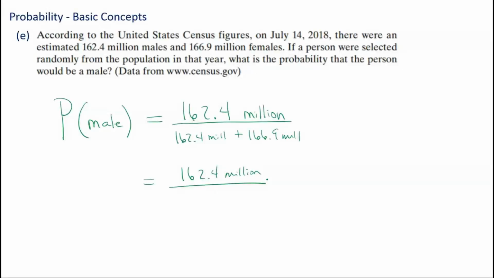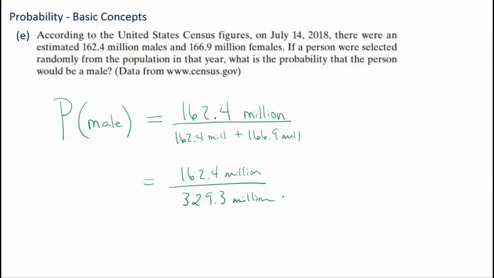So 162.4 plus 166.9, remember this is in millions, that's 329.3 million people.